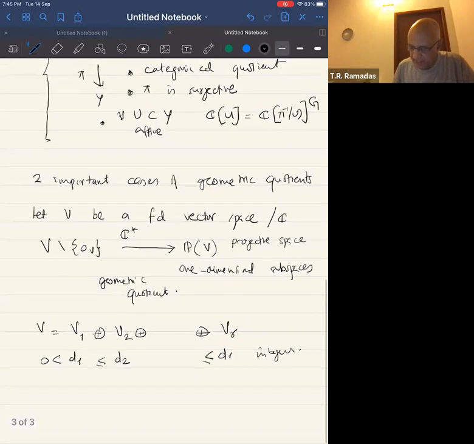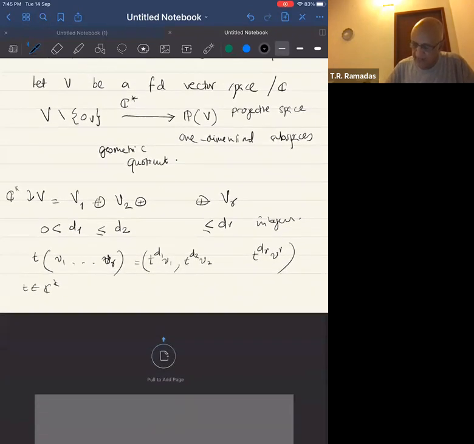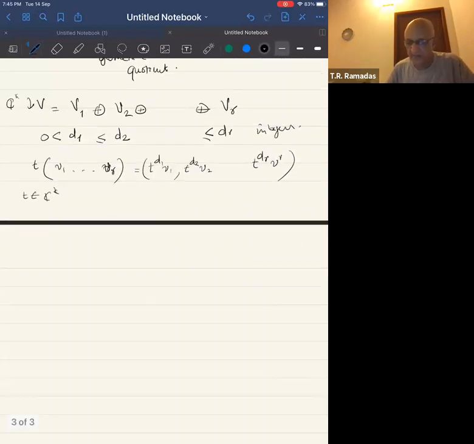And then you can let C star act on this by T acting on (V1, ..., VR) as (T^D1 V1, T^D2 V2, ..., T^DR VR). So T is an element of C star. It acts on a vector in this direct sum. So each vector in the direct sum is given by its components in these subspaces, and a non-zero complex number acts on this R-tuple in this manner.